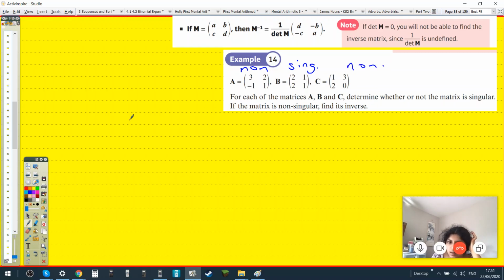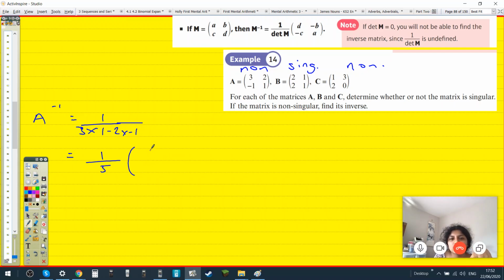Okay, inverse of A. So A inverse is 1 over the determinant of A. What's the determinant of A? 3 times 1 minus 2 times minus 1. So 1 over 3 plus 2, just 5.